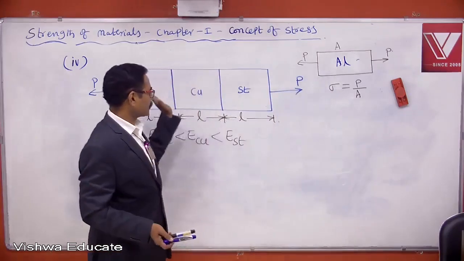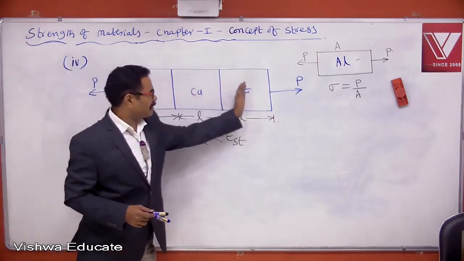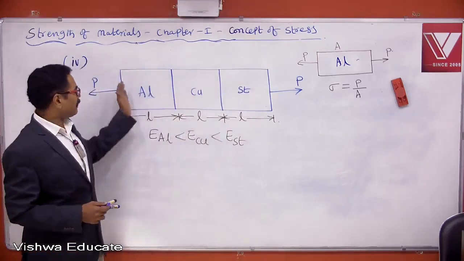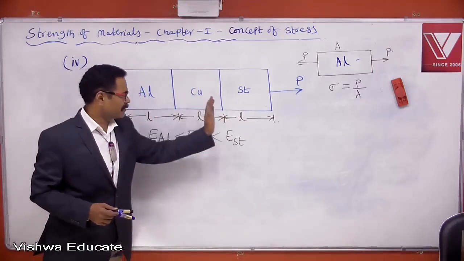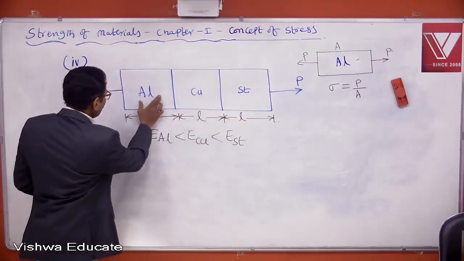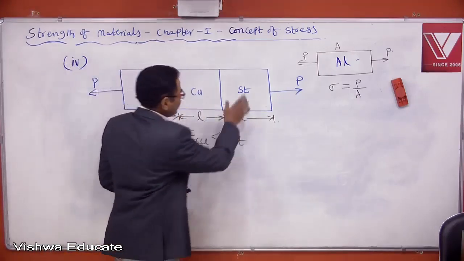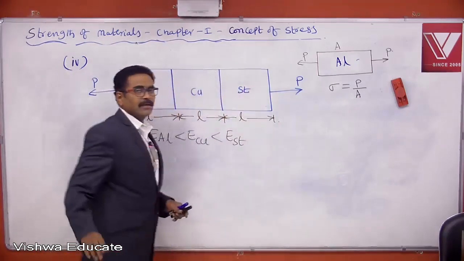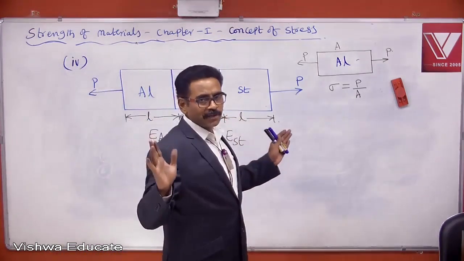Now you answer this question. Area of cross section of every section is same and every section is carrying same force. What is stress in every section? Stress in aluminium, P by A. Stress in copper, P by A. Stress in steel, P by A. That means all sections will carry same stress.